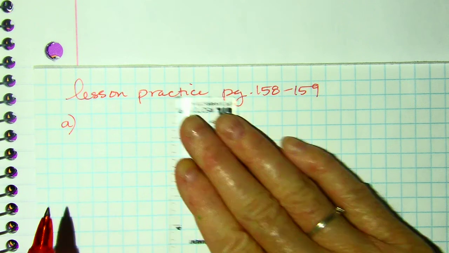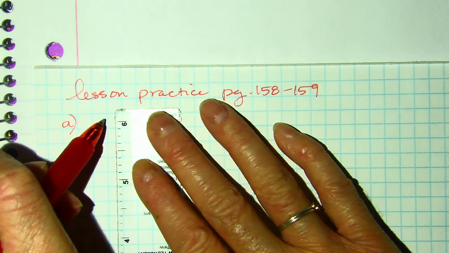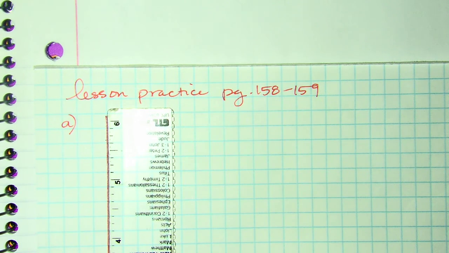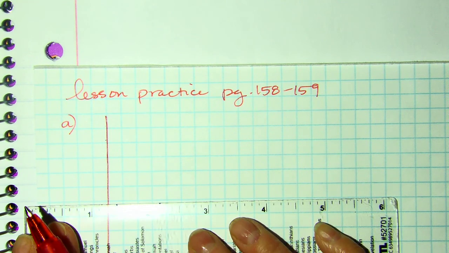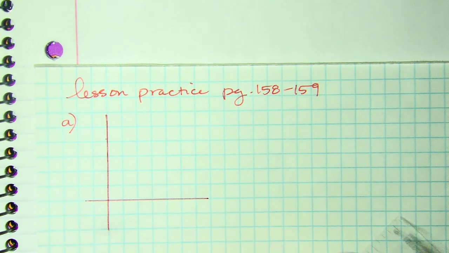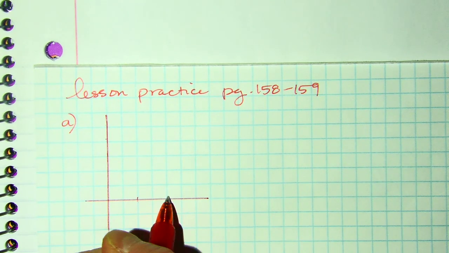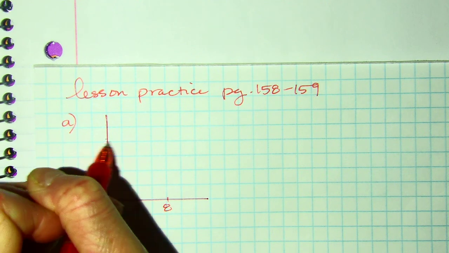I'm going to graph my points. I'm going to go by 2, so I didn't really need to make it that big. Okay, so I got 2, 4, 6, 8.